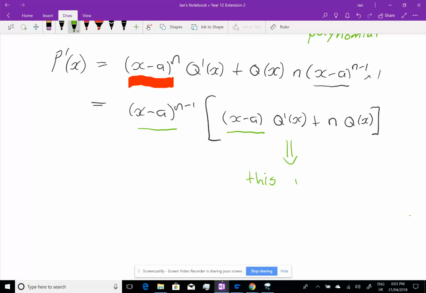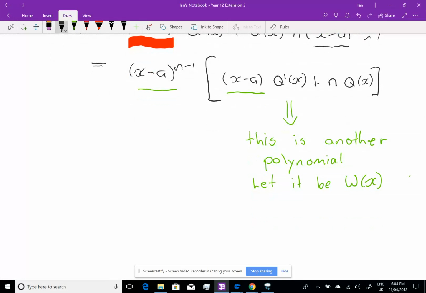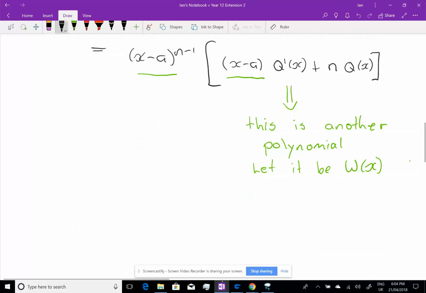So again, there's no remainder here because this is just another polynomial, and we'll just call it w of x. Doesn't matter what letter we use. So now we've got p dash of x equals (x minus a) to the n minus 1 times w of x.